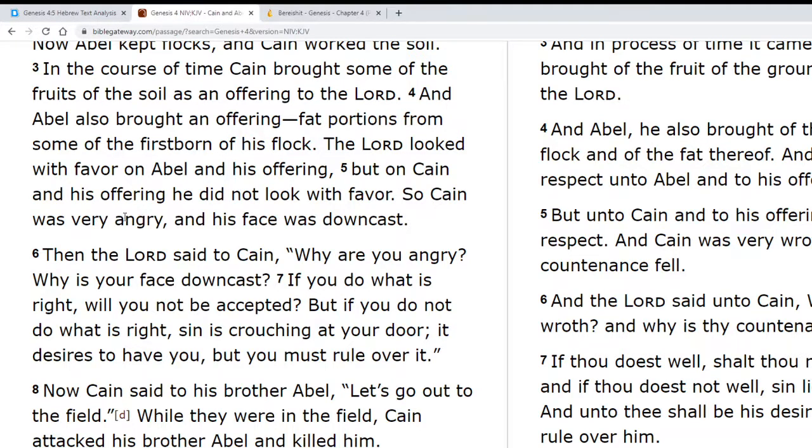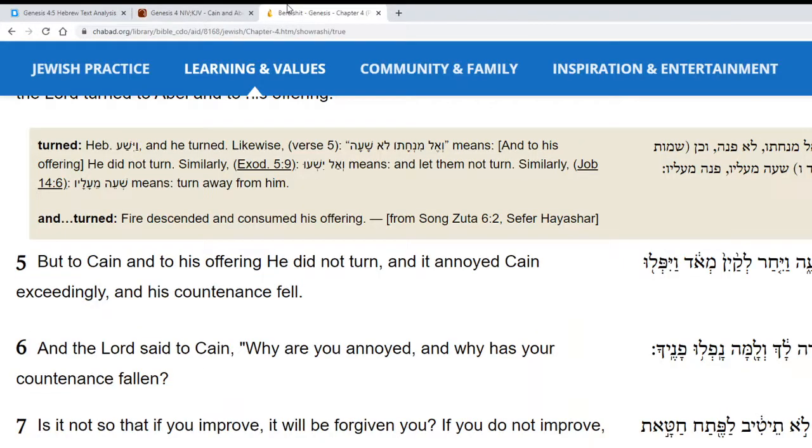So Cain was very angry, and his face was downcast. Okay. Chabad: but to Cain and to his offering he did not turn, and it annoyed Cain exceedingly. So they're doing Vayichar as annoyed. I kind of like that better, but what's new? I like the Chabad translation. And his countenance fell. Okay.